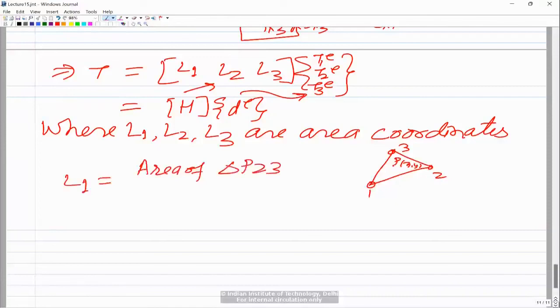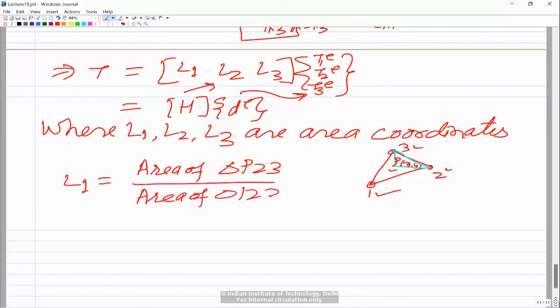L1 is the shape function corresponding to node 1, so in front of node 1 we have this triangle P23. Basically we are taking this triangle from here to here. So L1 is equal to the area of triangle P23 divided by the total area, that is the area of triangle 1, 2, 3.